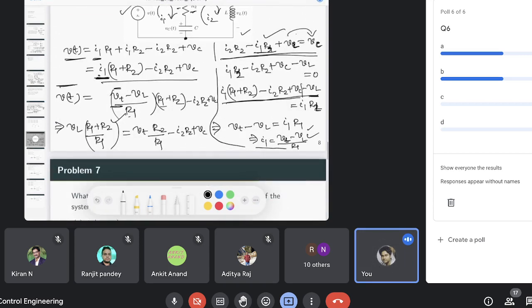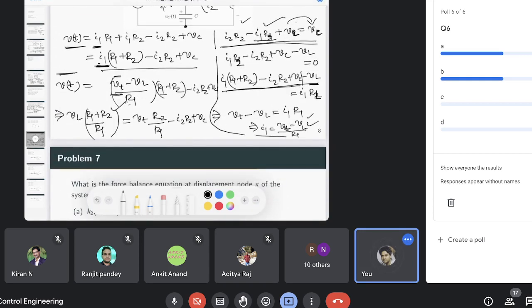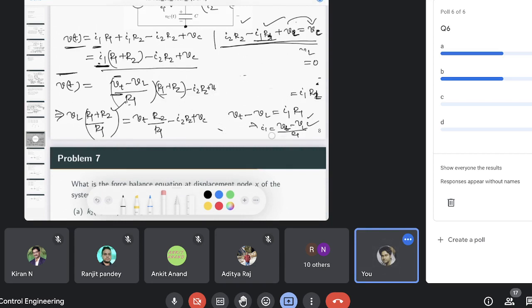Then you just divide by this quantity. I have little space here, so I'll remove this and write.